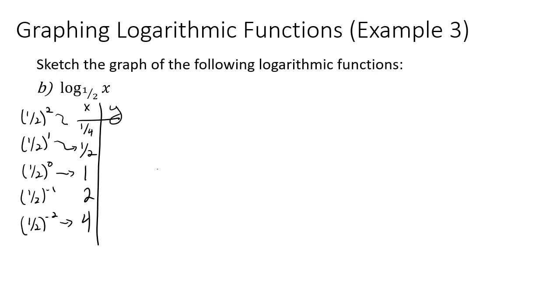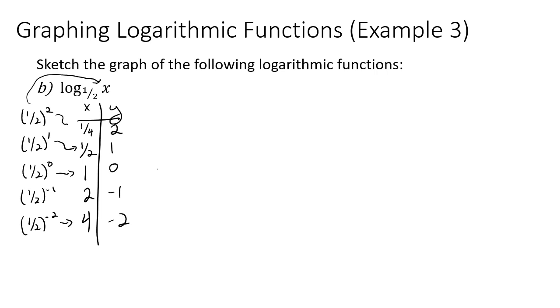So we actually end up with the same x values that we had last time around. This time, however, once we plug these in, because 1/4 is 1/2 squared, that would give us a y value of 2, 1, 0, -1, -2. Again, it's just the exponents for our y values here.